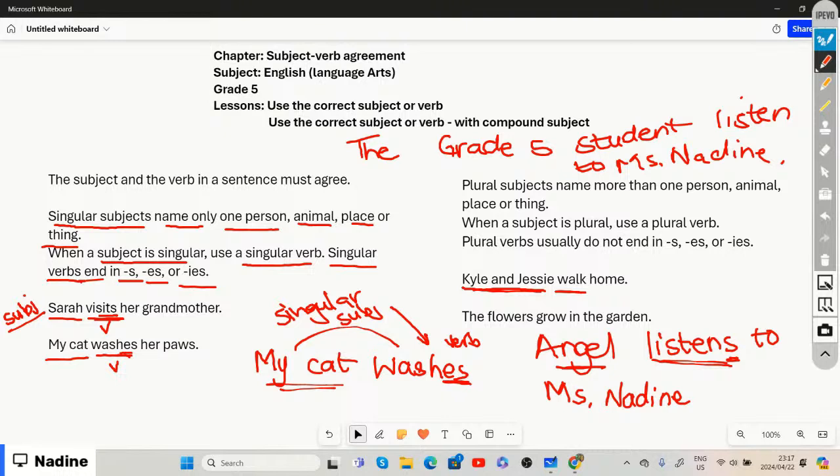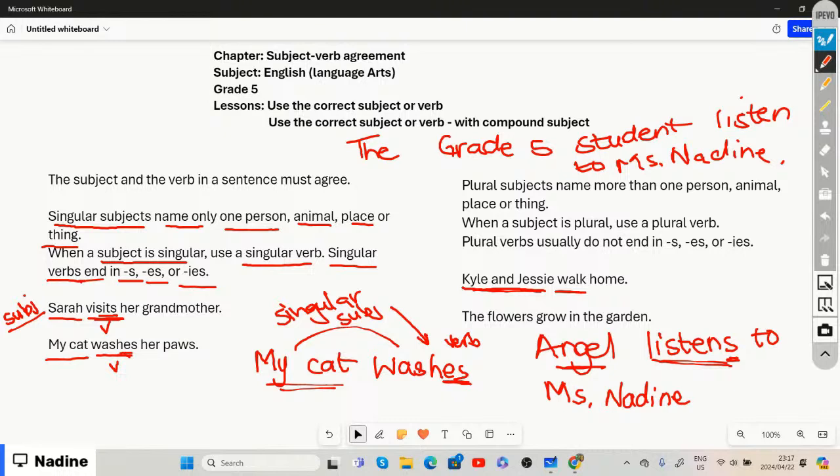So do we understand? When we're referring to one person, one animal, one thing, or one place, we use verbs like listens, plays, washes, visits, dances, which means that our verbs end with an s, es, or ies.